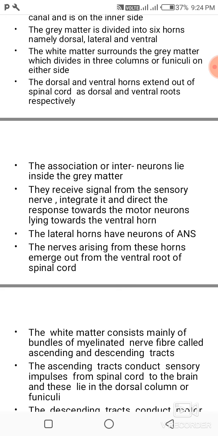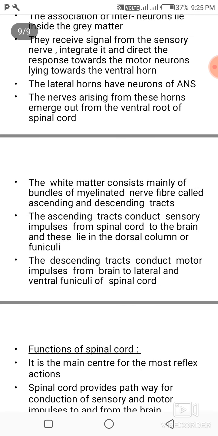Sensory neuron is coming through the dorsal horn, and the motor neuron goes out through the ventral horn and ventral root, and both these are connected through interneurons. The nerves arising from these horns emerge out from the ventral root of the spinal cord, that is the motor neurons. White matter consists mainly of bundles of myelinated nerve fibers called ascending and descending tracts.